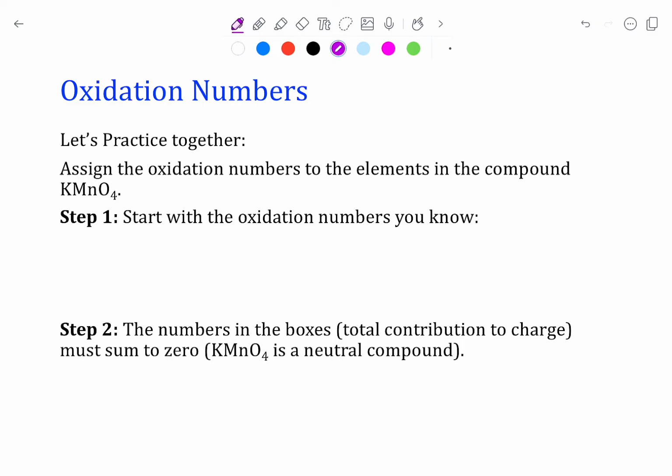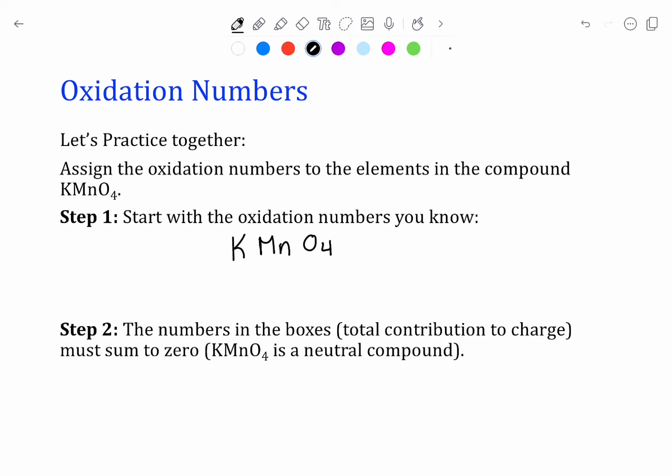So the first one we're going to practice together is assigning the oxidation numbers of each element in the compound KMnO4. So the first thing we want to do is write KMnO4. Now, I like organization, I like tables, if you couldn't tell by my balancing lesson.